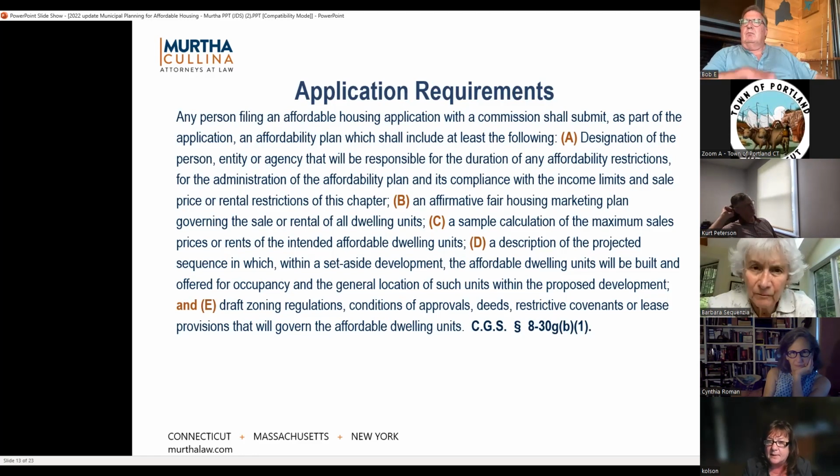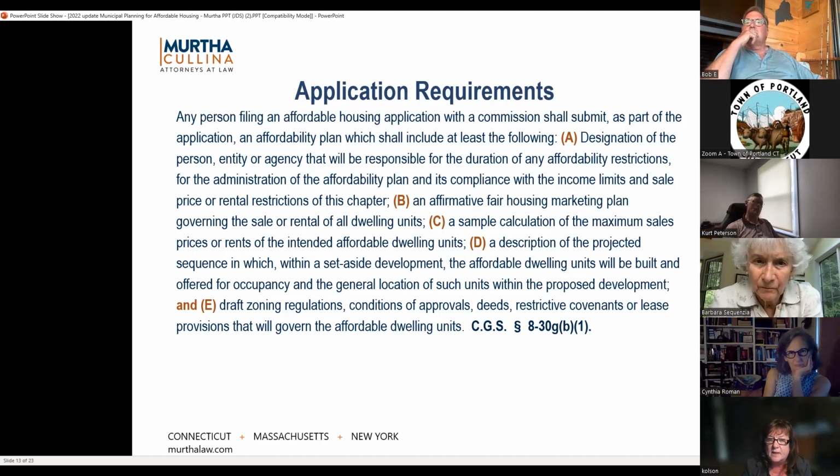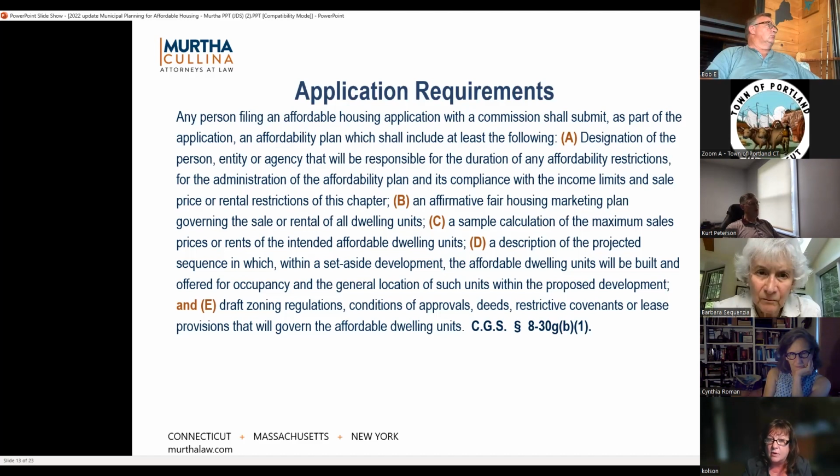They have to put together a plan that designates who's going to be responsible for administration of the affordability plan, okay? An affirmative fair market housing plan governing the sale or rental of dwelling units, meaning they've got to tell you who their target audience is going to be and how they're going to reach out to them. A sample calculation of the maximum sales or rents for the intended affordable dwelling units.